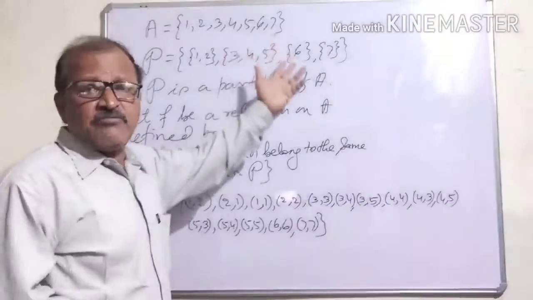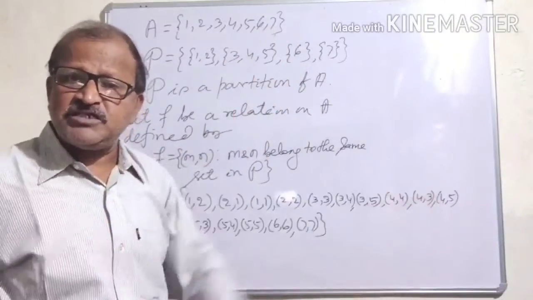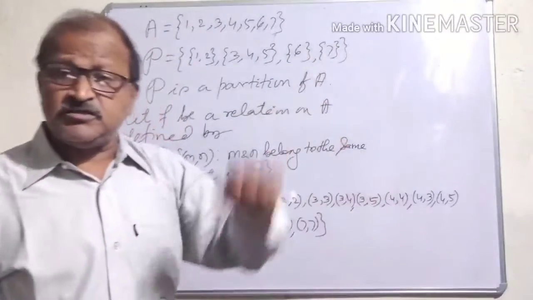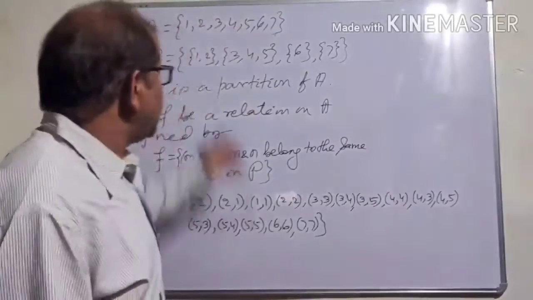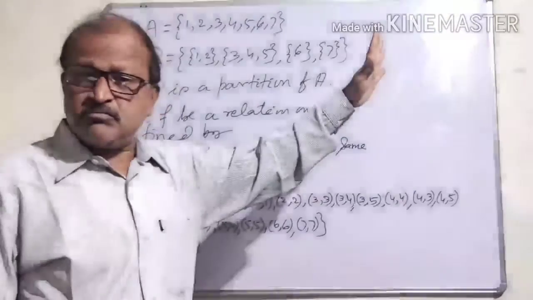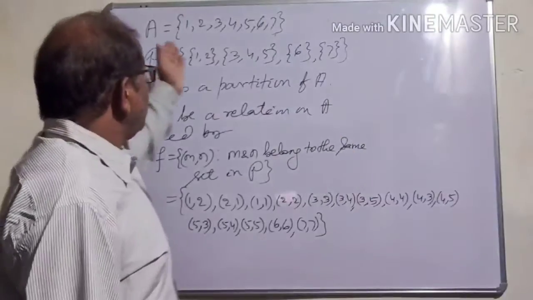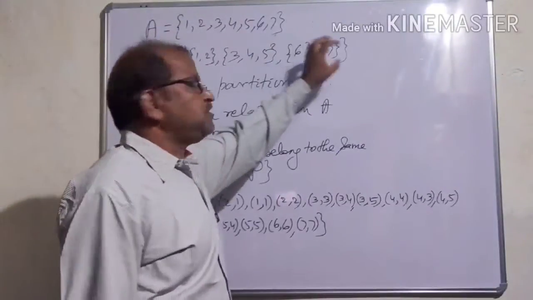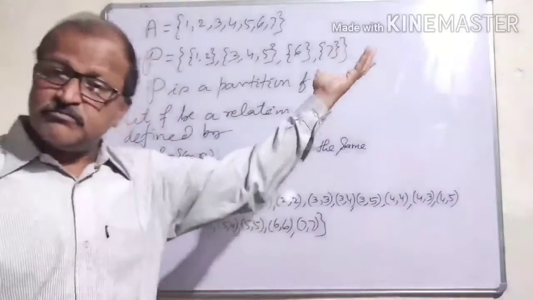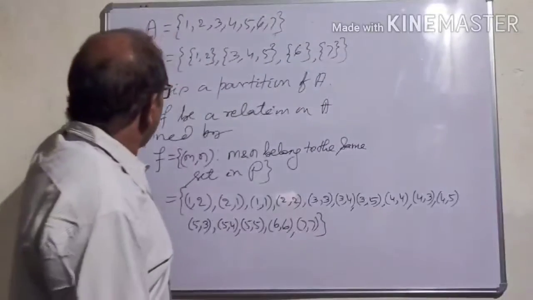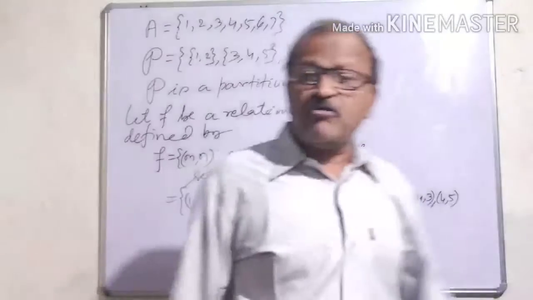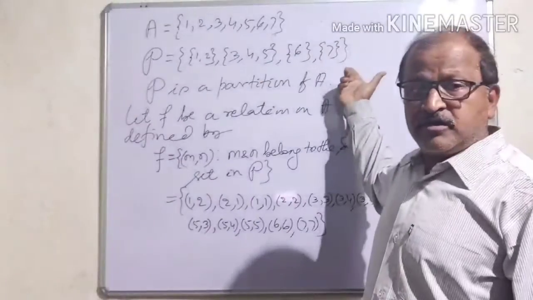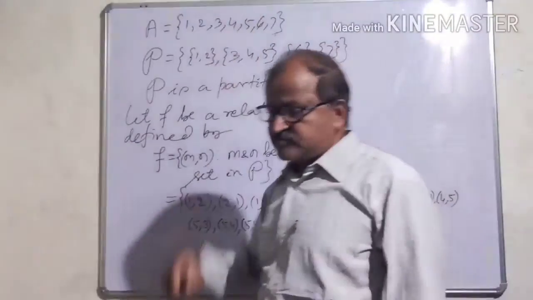Is there any common element? No. Then their union, this set union this set union this set union this set, is equal to A. So this is a partition of our set A.